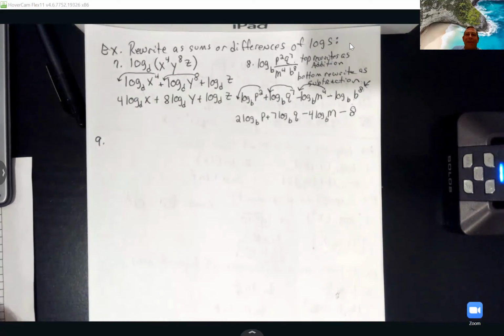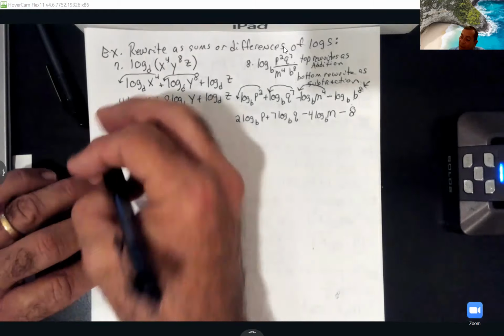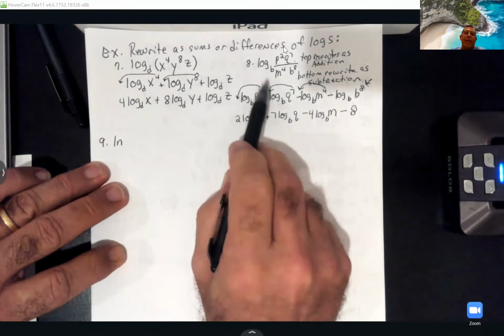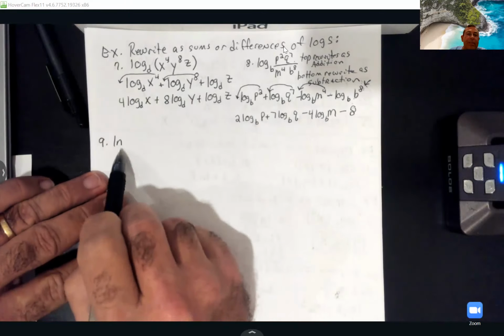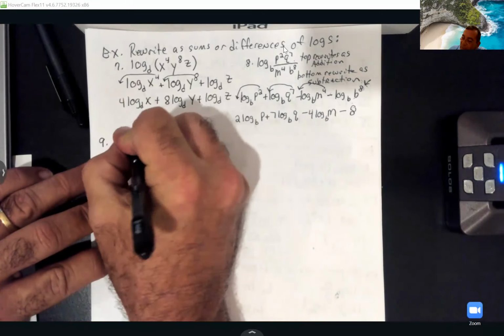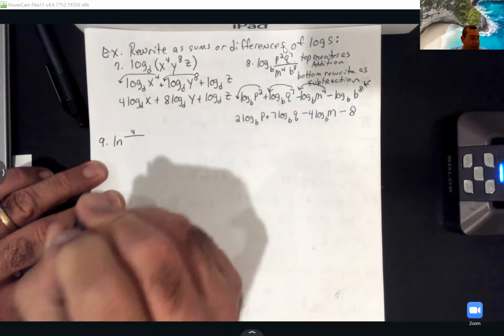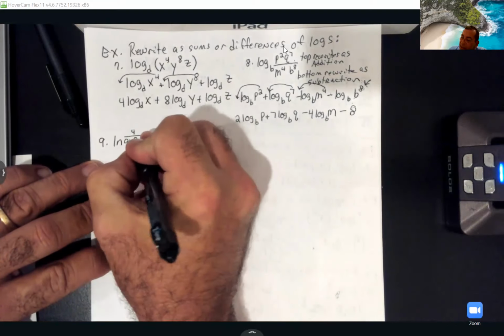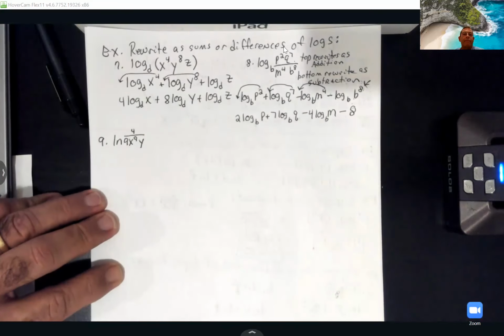All right, y'all, let me let one in real quick. All right, so let's see what they thrown at us. Another one similar to that. I got an LN this time, so they like to switch between these LNs and logs a lot. So this is an LN of 4 divided by 9x to the 9th times y.